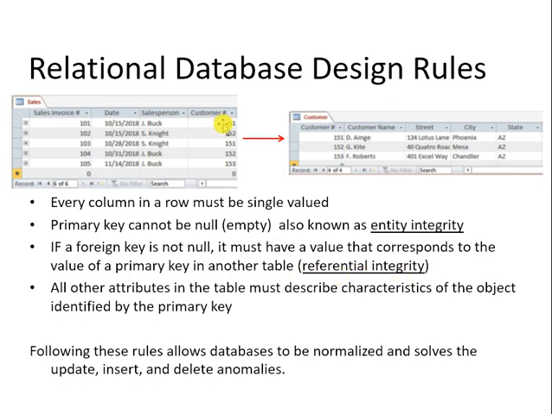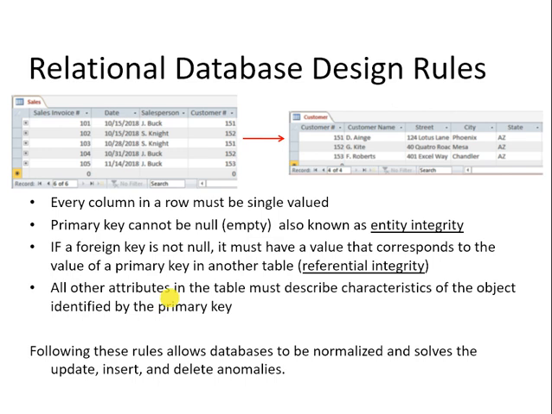So all the foreign keys must have a corresponding primary key in other tables, with values over there. For example, I list customer number 151, but if I couldn't find 151 in the customer table, then we violate referential integrity.